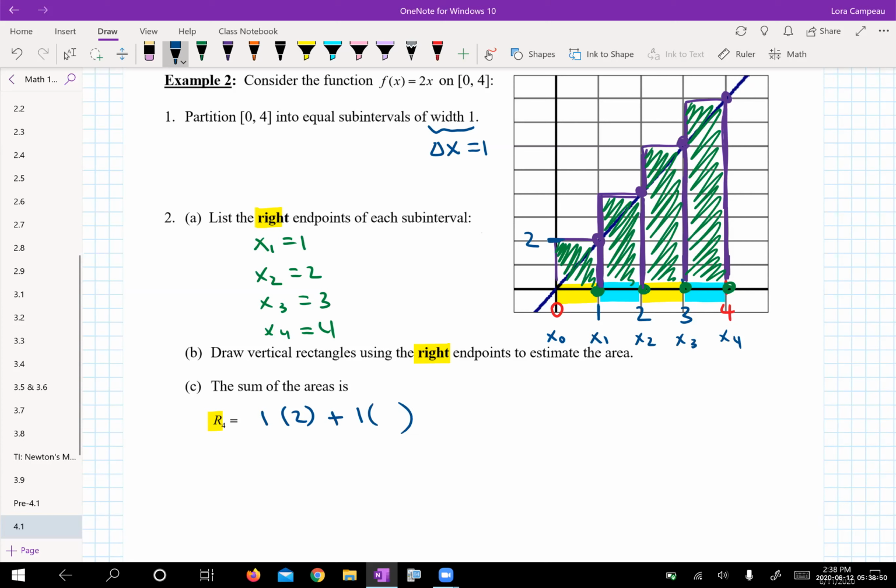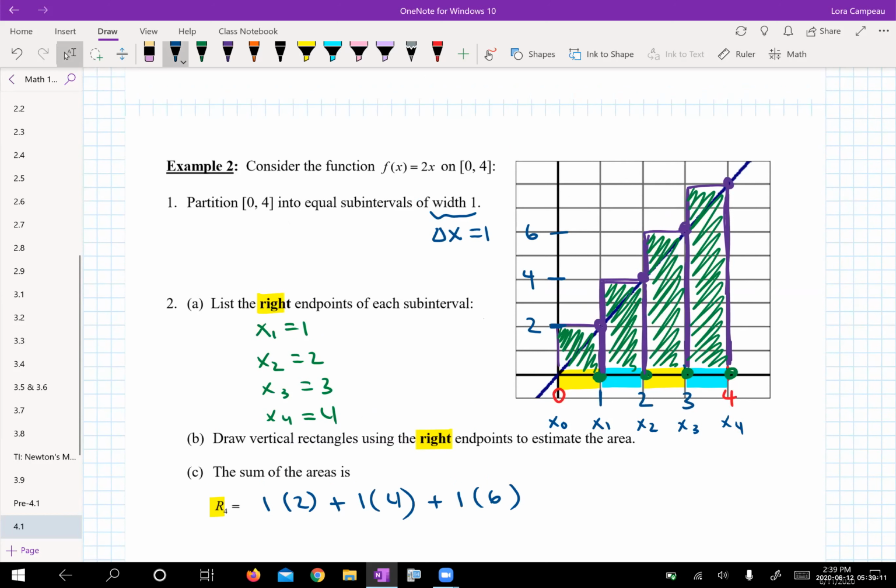The height of this one now is a 4. Move on over to the next yellow subinterval from 2 to 3. The base is still length 1. This time the height is 6. And the last one, subinterval from 3 to 4, the base is still 1, but this time the height is 8.